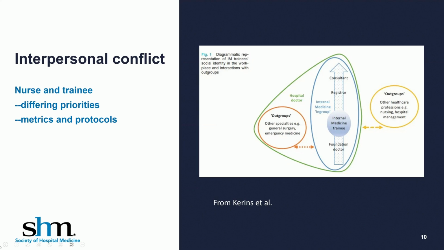And this talks about the silos within the hospital. Internal medicine kind of forms our own silo. And then the other outgroups would be other specialties. So think of the conflicts we can have with neurosurgery or general surgery or neurology. And then the other set of outgroups is other different interprofessional groups. So think of nursing or hospital management, PT, OT, all those things.